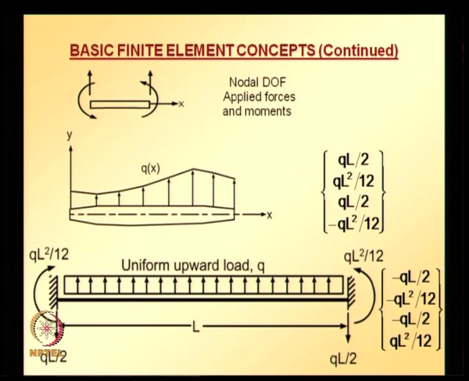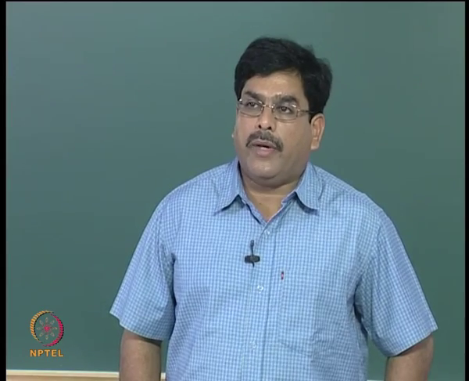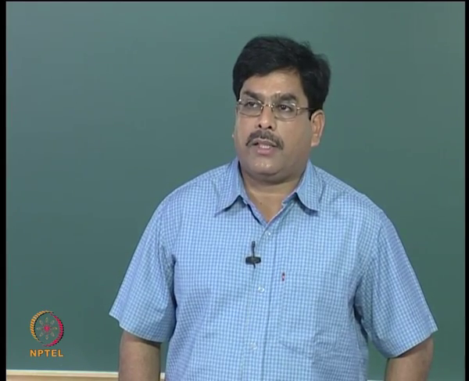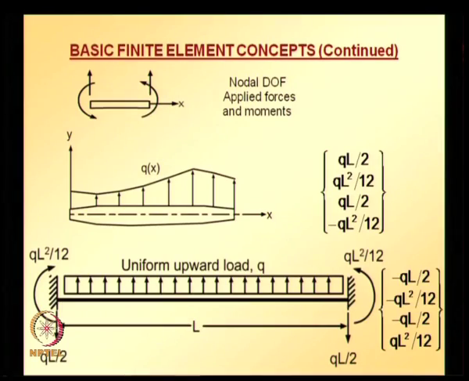So following the sign convention for nodal degrees of freedom, applied forces and moments, all the moments and forces on this fixed end beam with uniform upward load q we can write in a vector like whatever is shown there, that is minus QL over 2, because at the left end the shear force is acting in the negative direction to the sign convention.